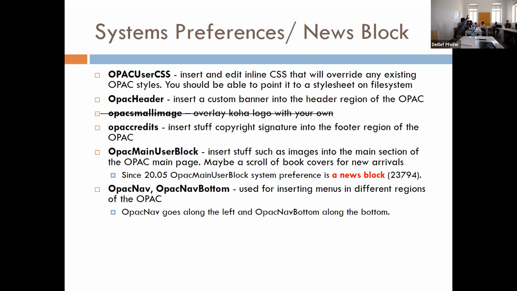If you are still using an earlier version of Koha, chances are these are still system preferences. If you upgrade to 20.05, don't be surprised that you don't see these under your system preferences. They have been moved. So these determine the blocks on your OPAC that you can edit and introduce some new content.